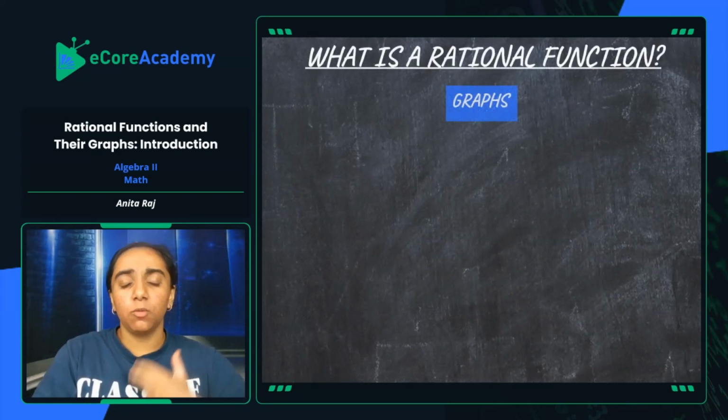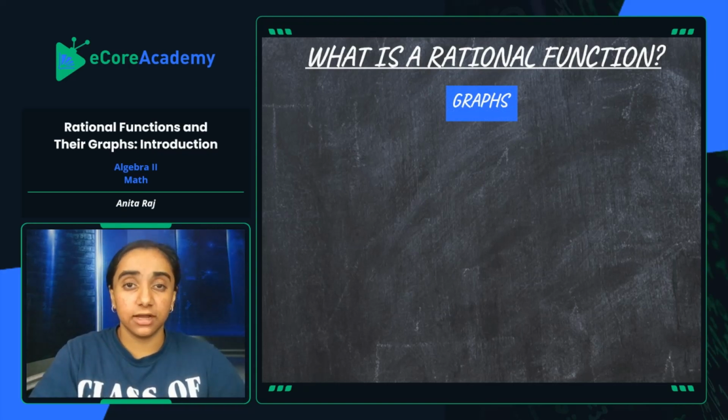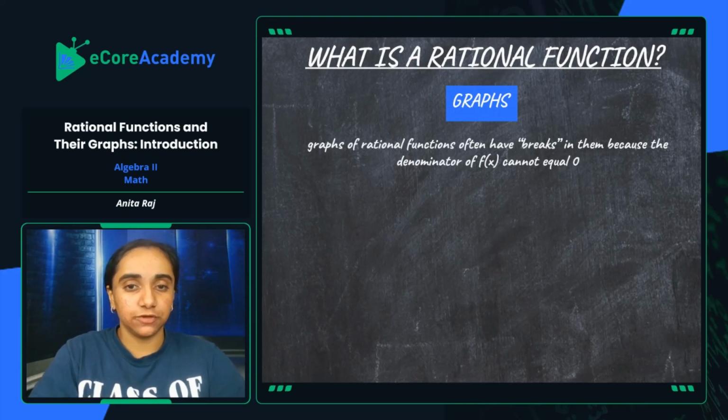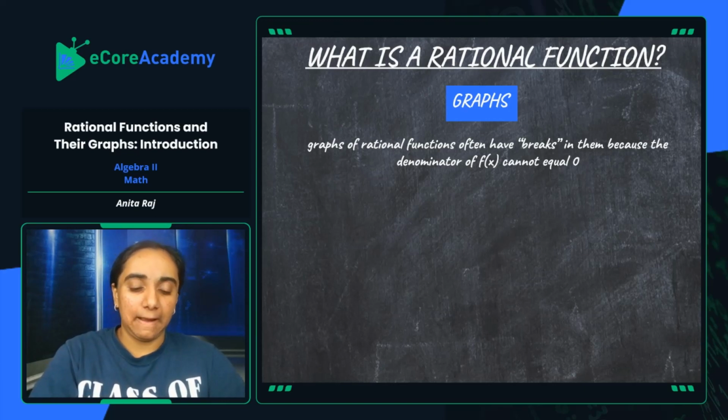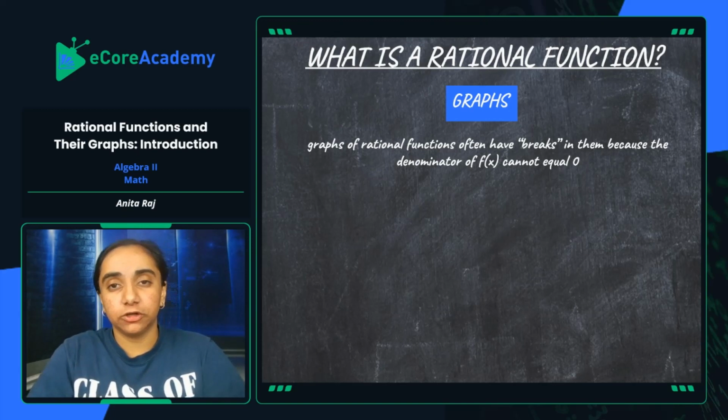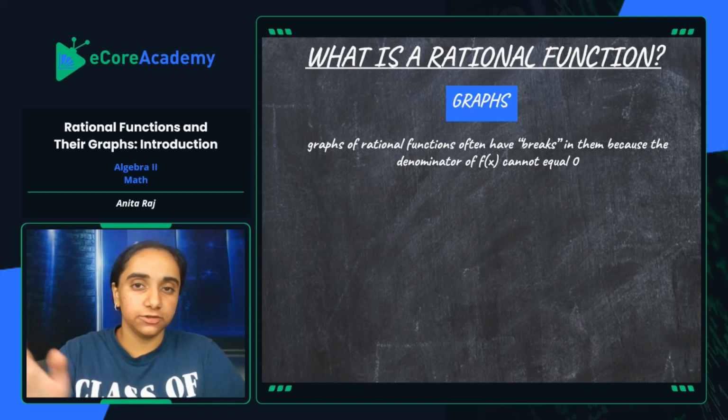Let's get into what graphs are going to look like and what we should expect before we get into the next few slides, where we're going to be looking at graphs exclusively. So, graphs of rational functions. Graphs of rational functions often have breaks in them because the denominator of f of x cannot equal 0. For the most part, we've been looking at lines from linear regressions or linear equations, y equals mx plus b.